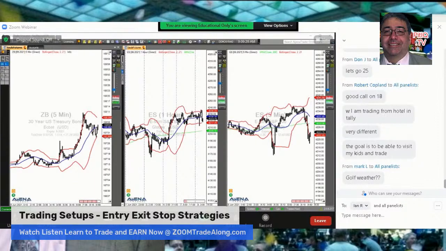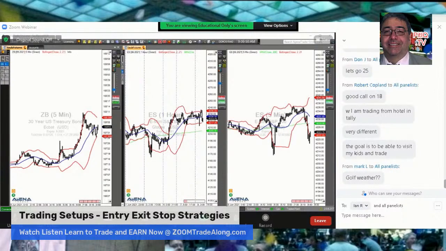A good target would probably be around the 28 area. Obviously, the 5.5 here is our settlement price, which might be another intermittent little area there of target to get out of any longs if you're still trying to stay long from down there. Again, just have a trailing stop.